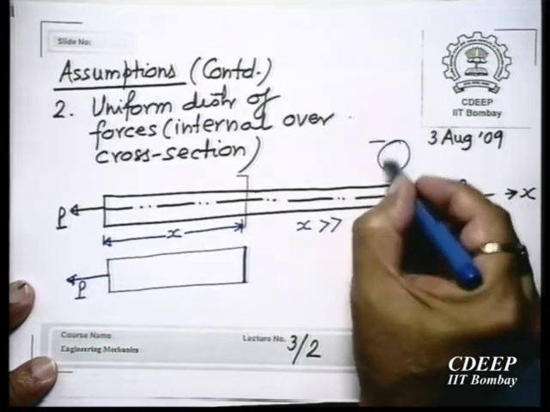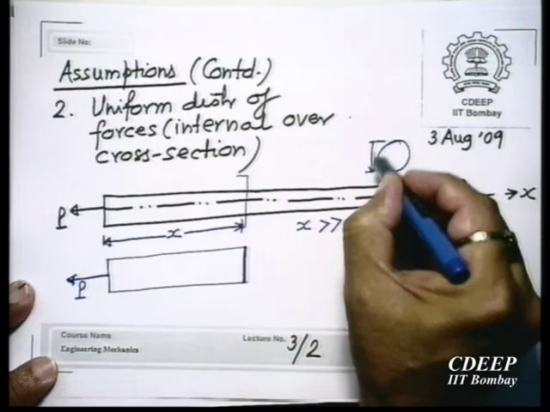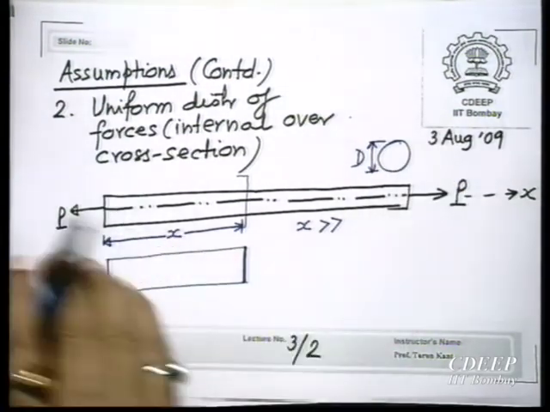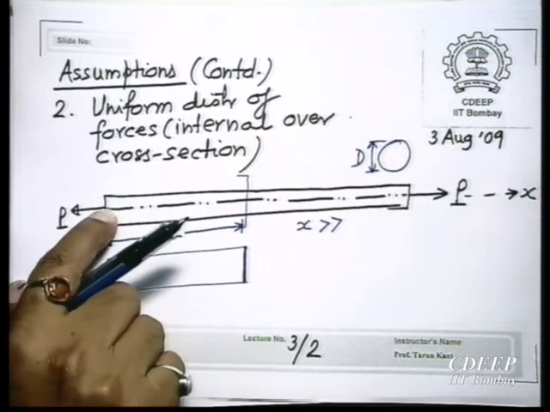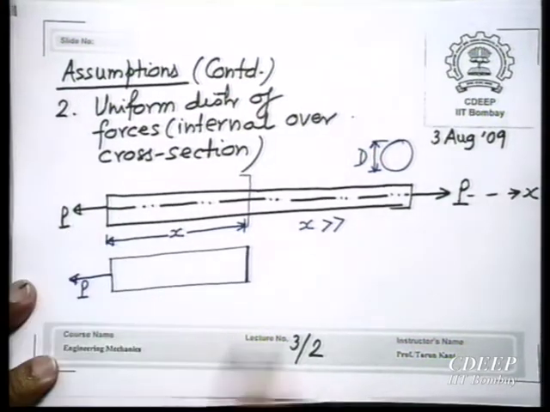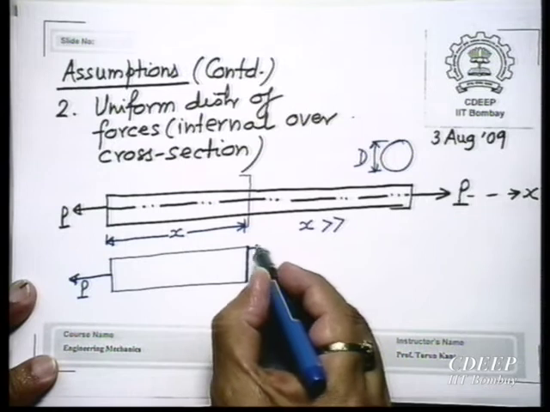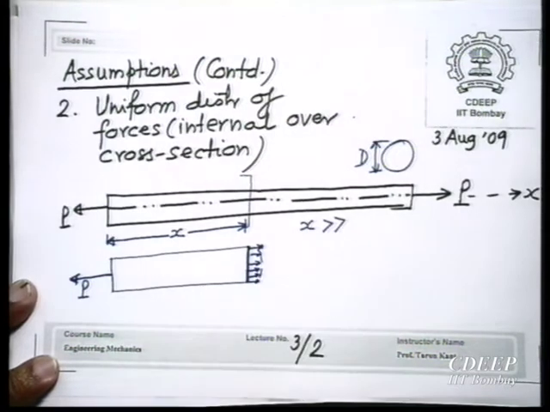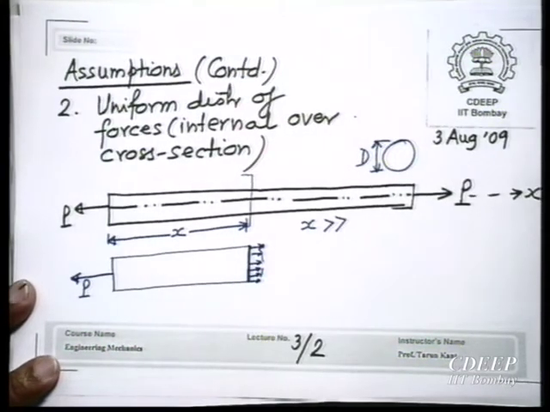Diameter. That is, if the section is away from the application of load, then our assumption of uniform distribution is not bad.